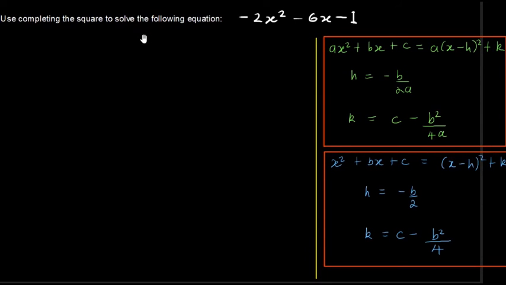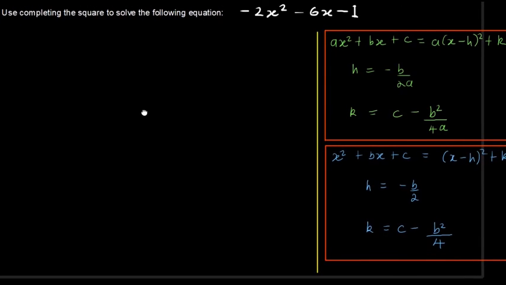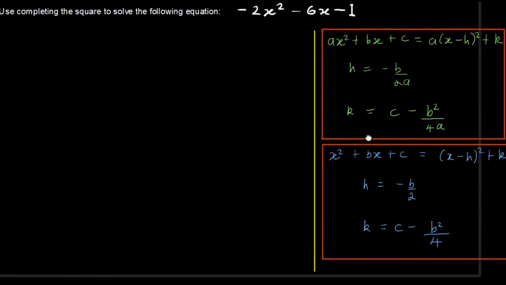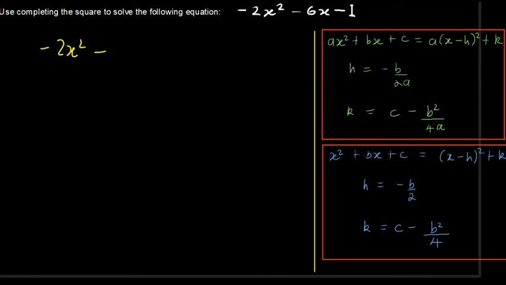Use completing the square to solve the following equation: -2x squared minus 6x minus 1. We will use the formulas instead of doing the rigorous method procedure. We have -2x squared minus 6x minus 1.